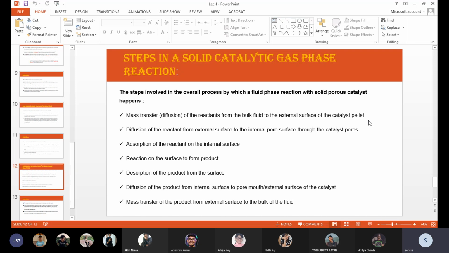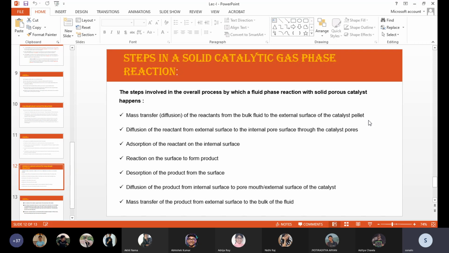Just try to visualize the picture that we have a sphere, a solid sphere, that is one catalyst particle or catalyst pellet, and gaseous or liquid reactants are flowing through it. In that case, there is a bulk phase, there is a boundary layer, the concentration boundary layer, and the solid surface.